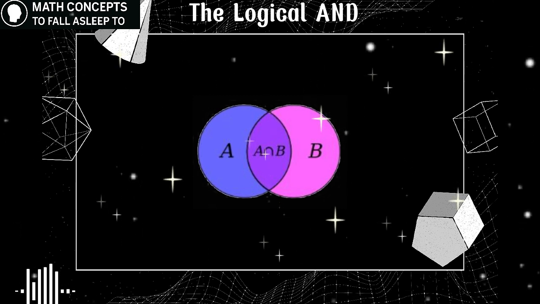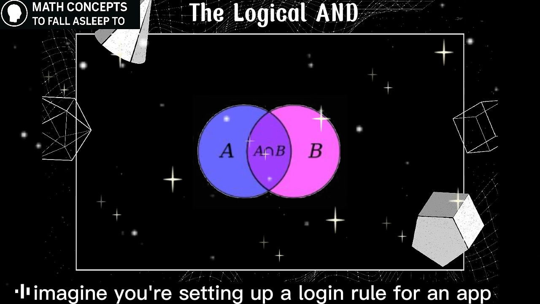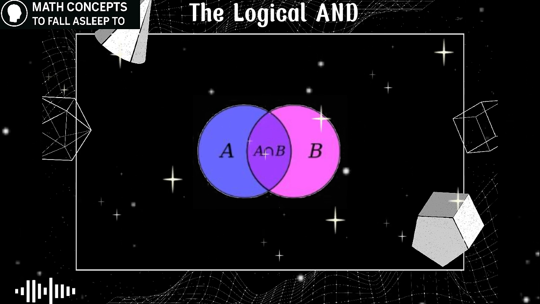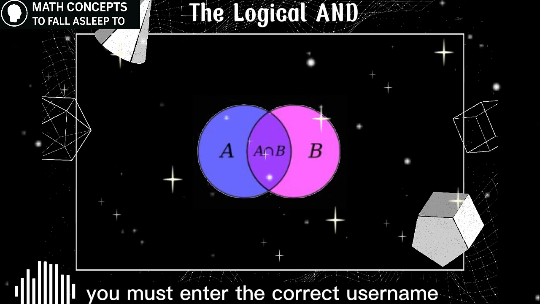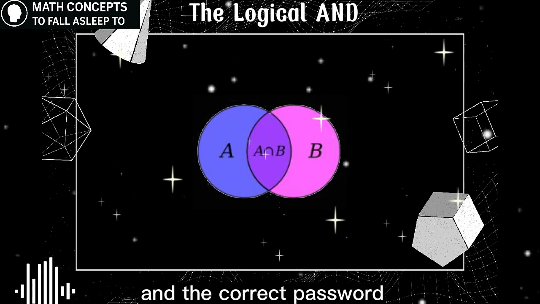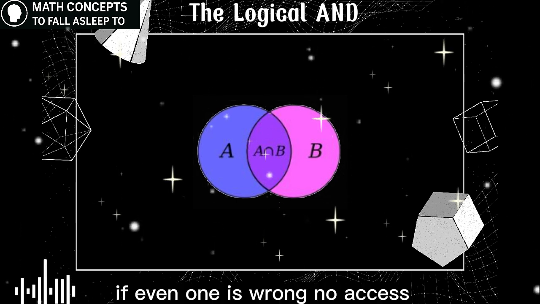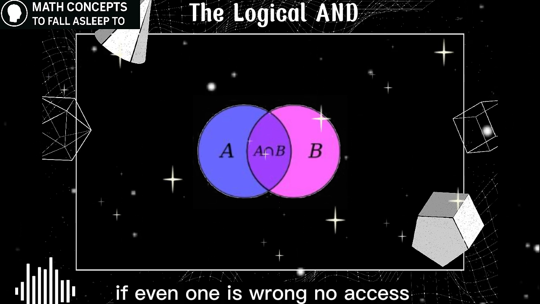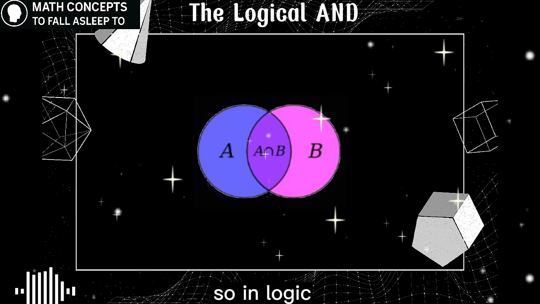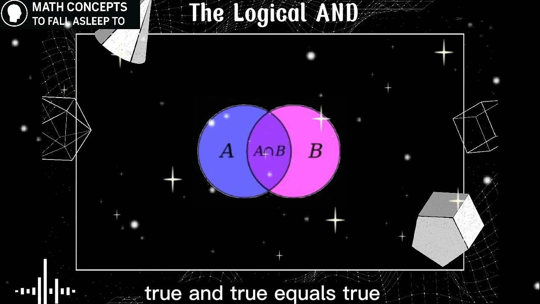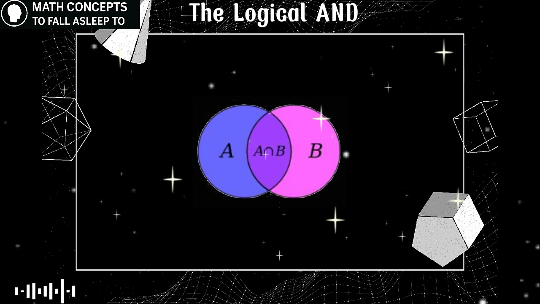Practical example. Imagine you're setting up a login rule for an app. To enter, you must enter the correct username and the correct password. If both are right, access granted. If even one is wrong, no access. So in logic, true and true equals true.